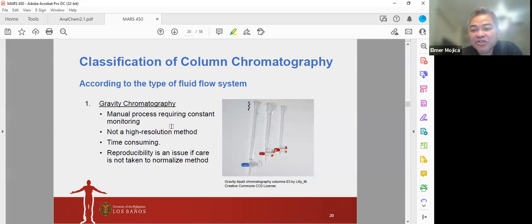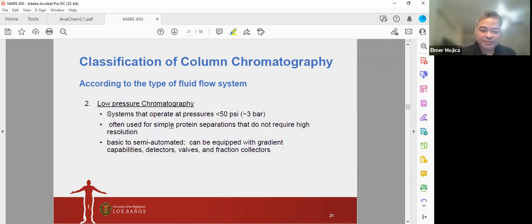You don't want it to dry, so you have to make sure as much as possible that you have enough solvent there. It's not a high resolution method, it's time consuming, and reproducibility is an issue if care is not taken to normalize the method.